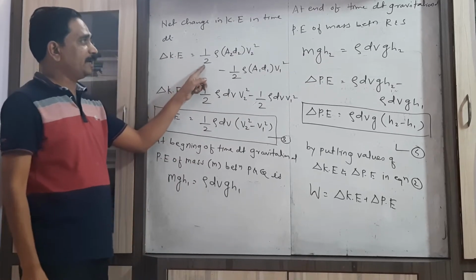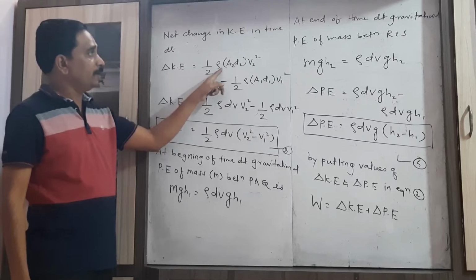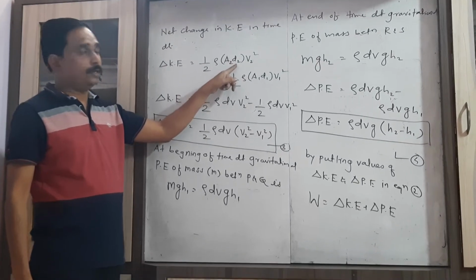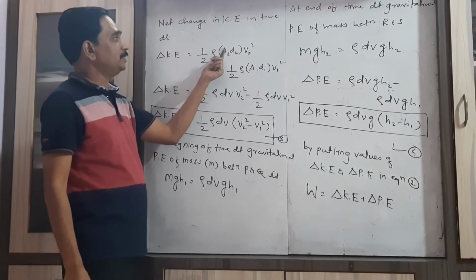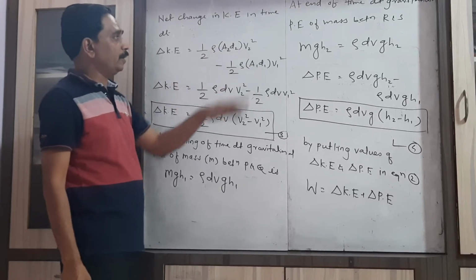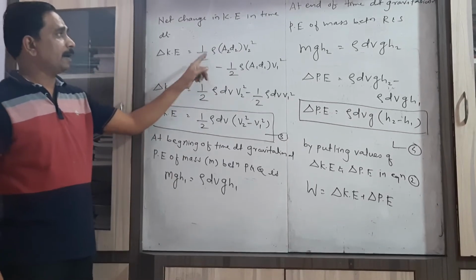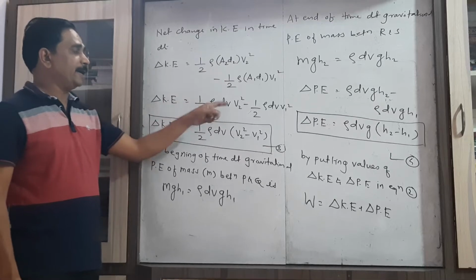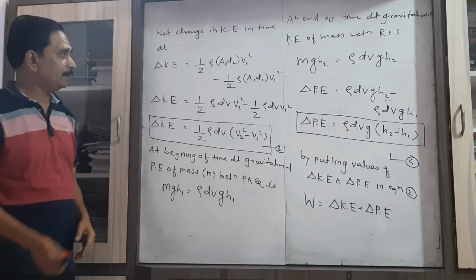So the change in kinetic energy equals half rho A2 d2, that is density into volume, into velocity square, which is the complete kinetic energy, minus the kinetic energy at the other end.